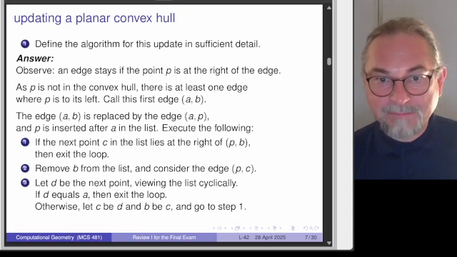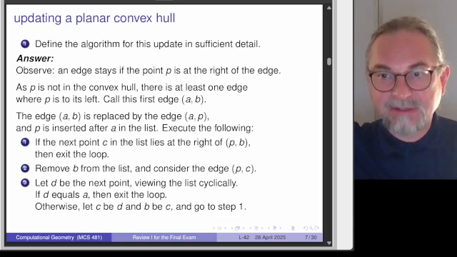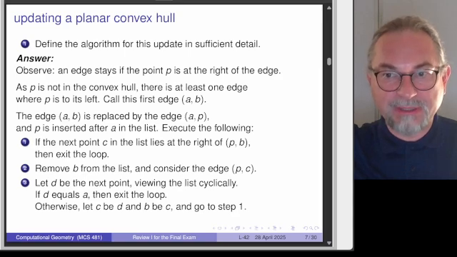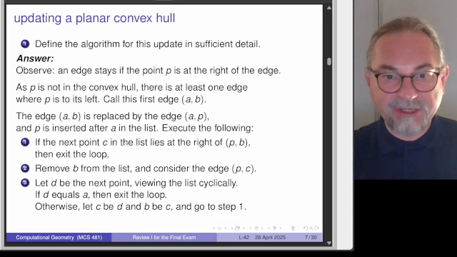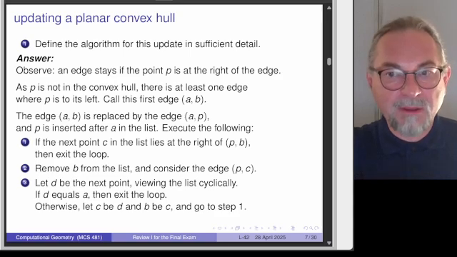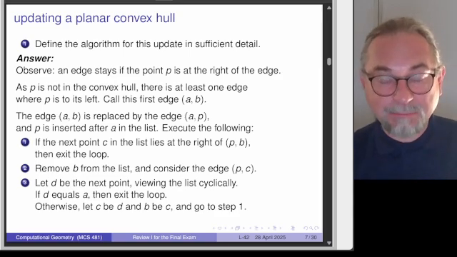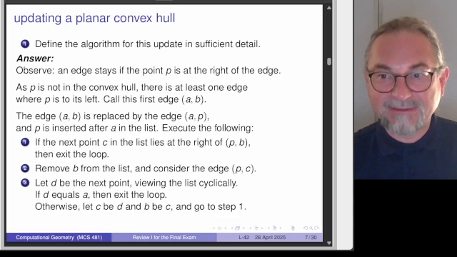So you can think of a picture where we have this kind of a pyramid, where the top of the pyramid is the new point P, and the base was that edge AB, but we now replace that edge AB by A, the top of the pyramid, and then P to B. However, it could be that the next point lies not at the right side of PB.